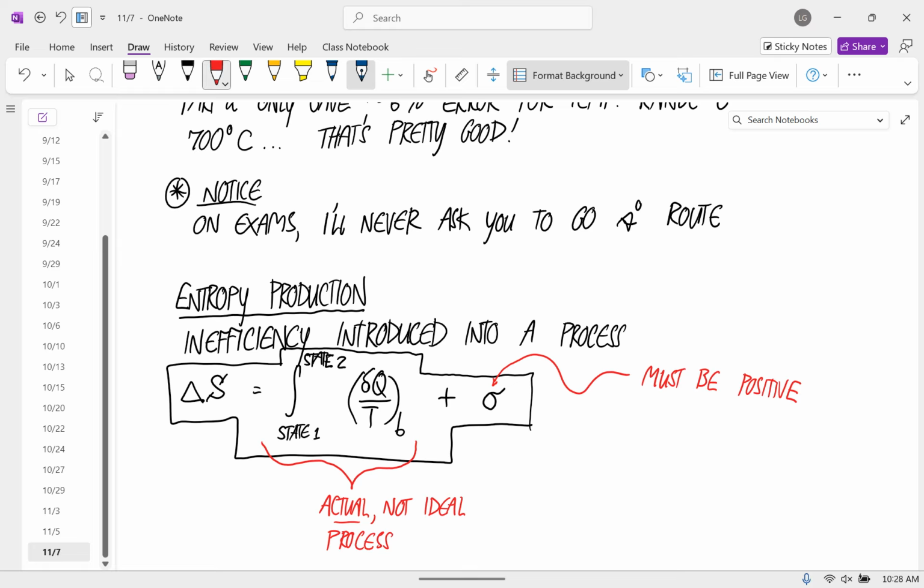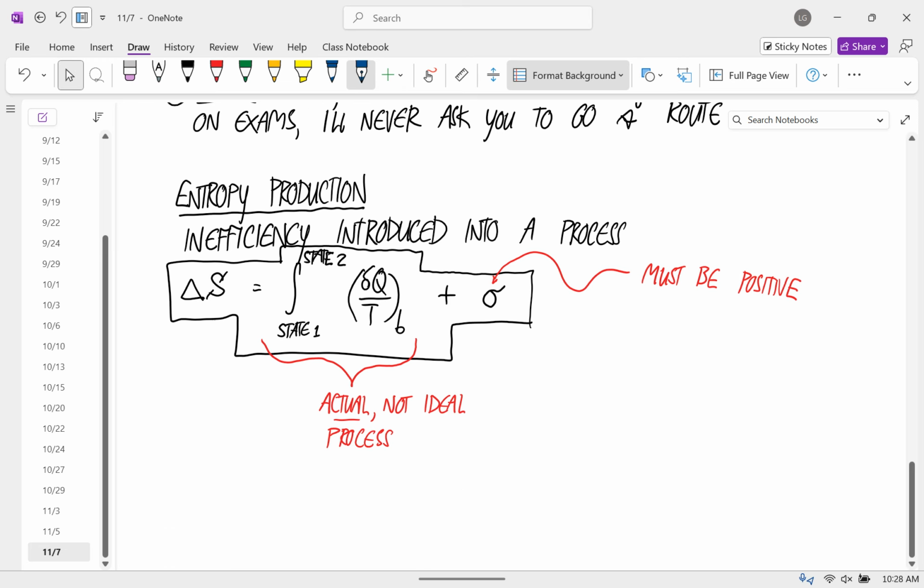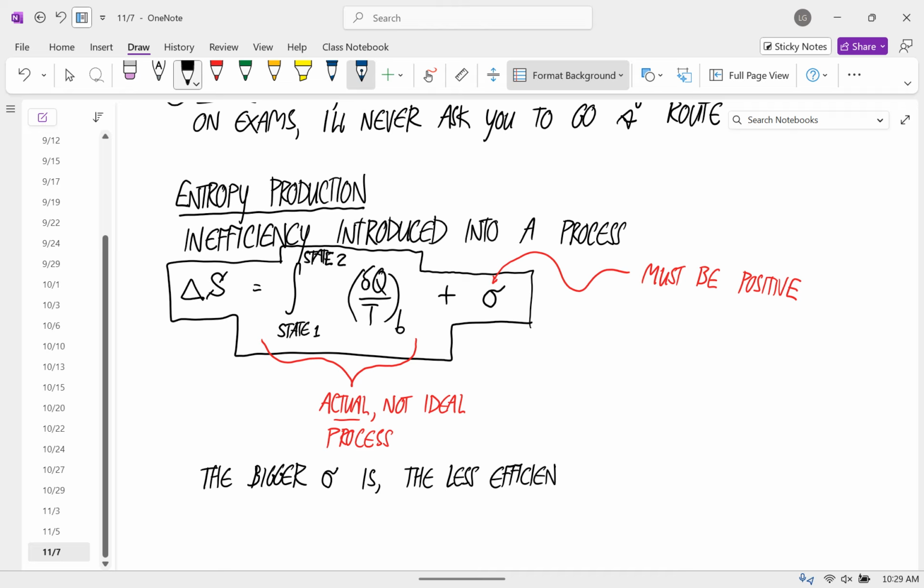The difference between those is this sigma. Whatever sigma is, that's entropy that's introduced by the system, entropy caused by inefficiencies in your process. So the bigger sigma is, the less efficient that actual process is.